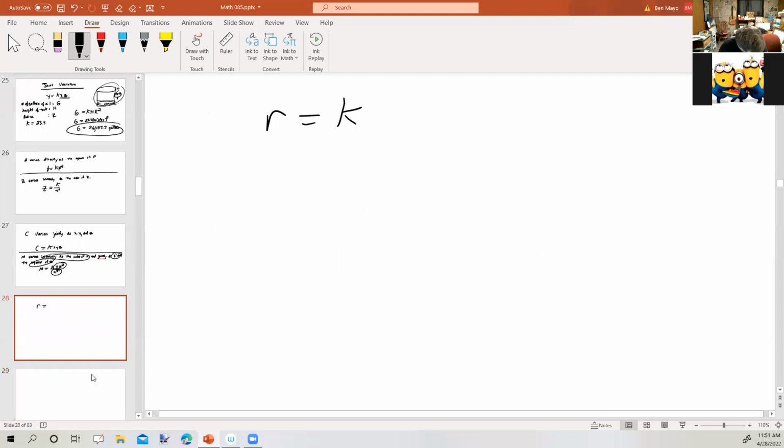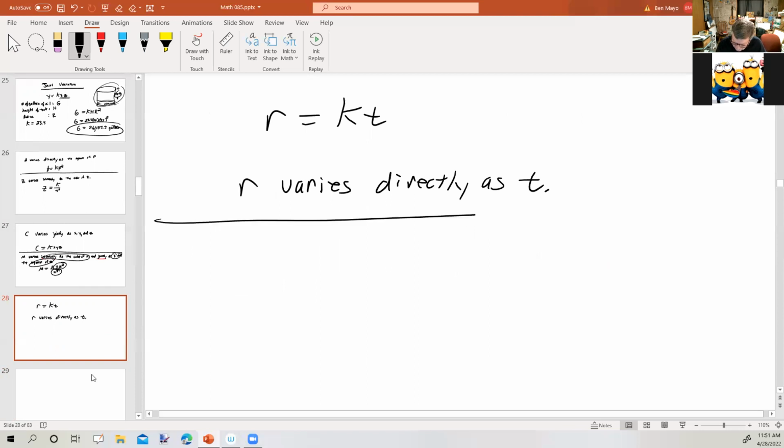Now, R equals K T. Translating that into words, you would say R varies directly as T. So we're going the other direction now, taking the formula, writing it in words. All right.